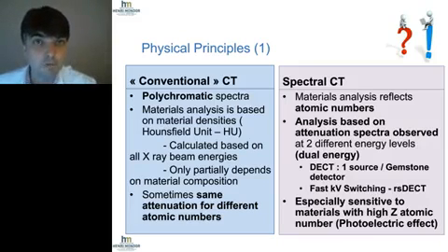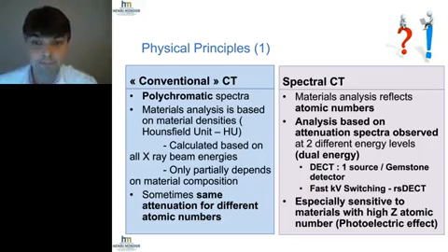The only thing is you have to have two energy spectra, and this will provide especially sensitive analysis of materials with high atomic number, because you're optimizing the photoelectric effect. So, first slide, physical principles: we are using two energy spectra, and we are reconstructing the images based on those two energy spectra.